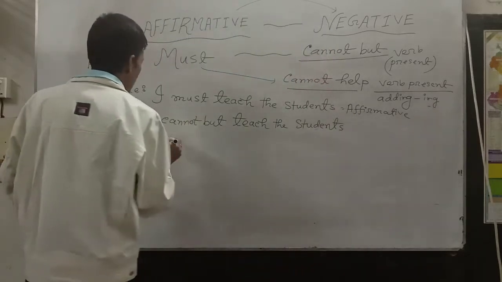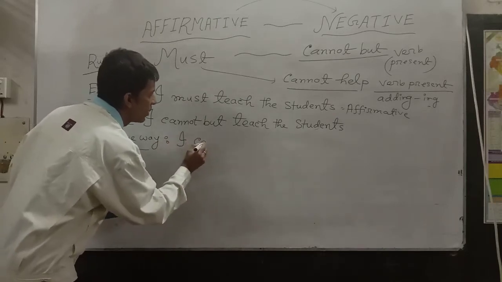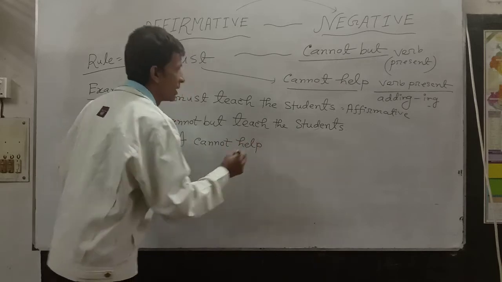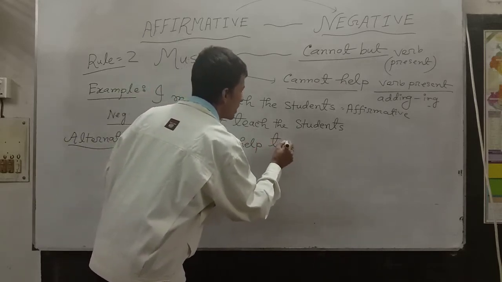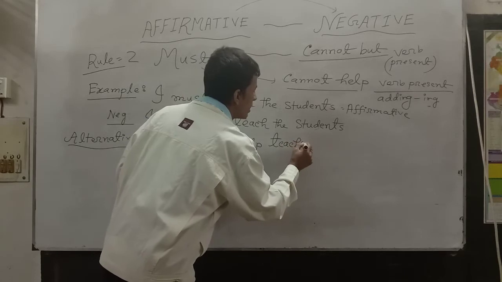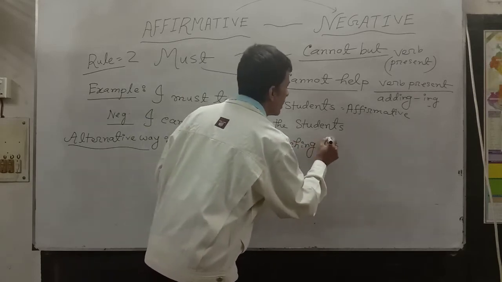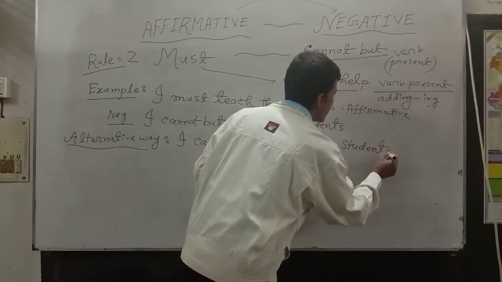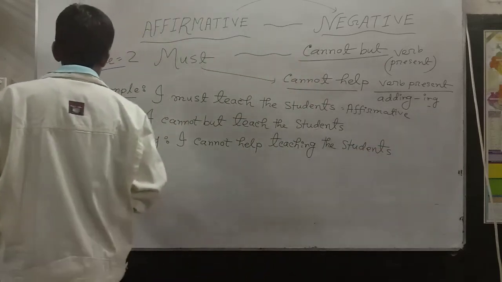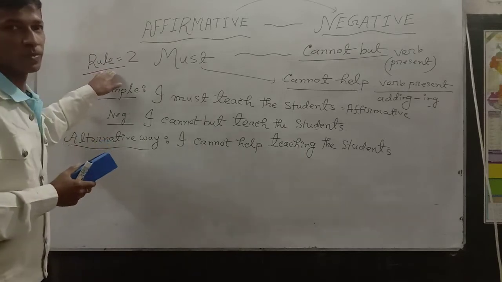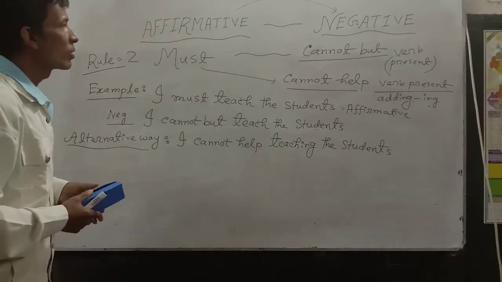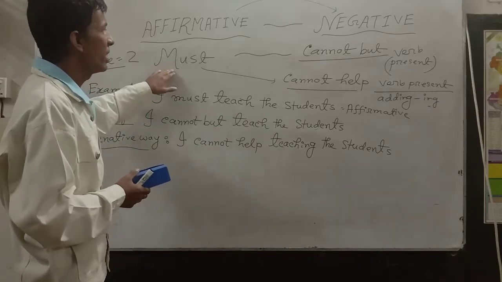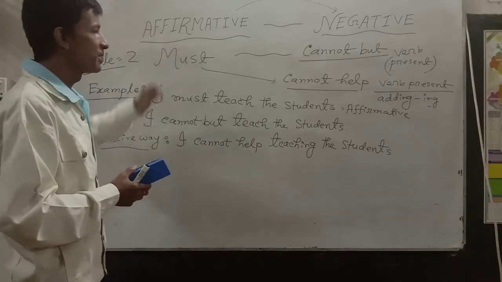I cannot help teaching the students. This is the example of rule 2. That means your structure will be differentiated by looking at the verb.